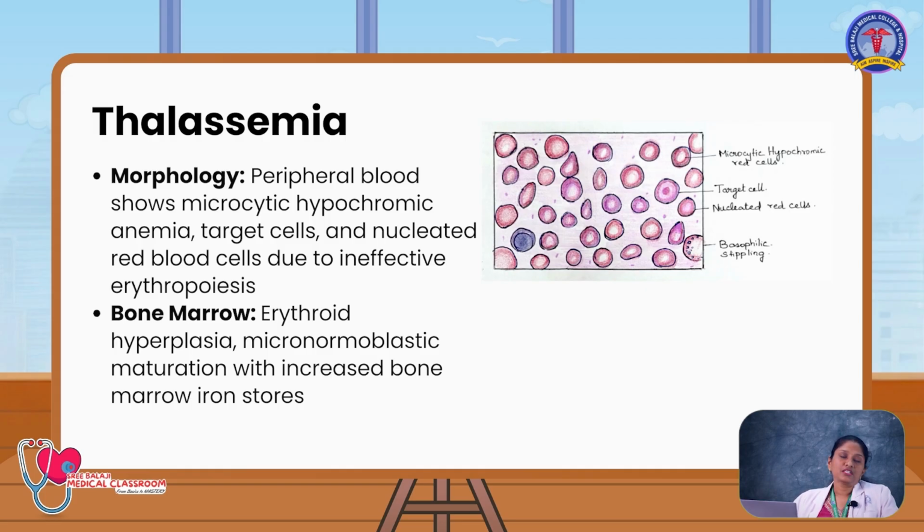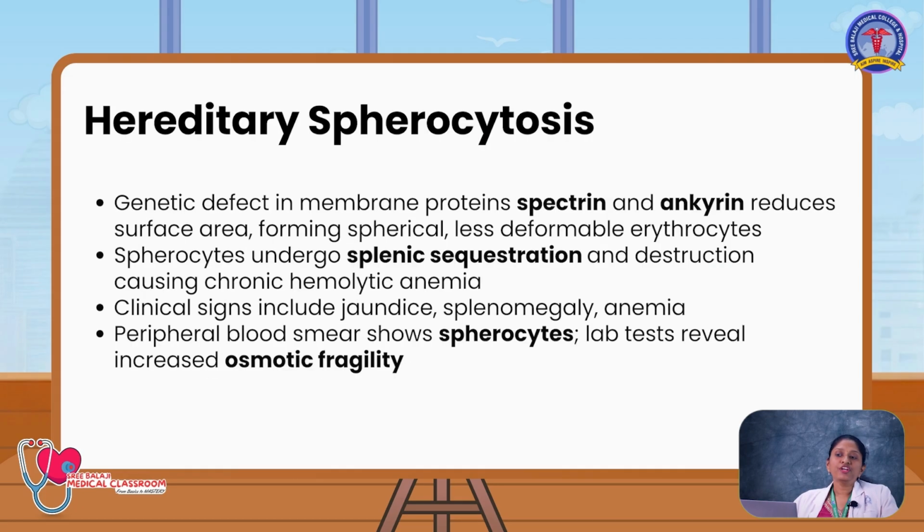This is in contrast to iron deficiency anemia, which will show absent iron stores. So, we can confirm the diagnosis by hemoglobin electrophoresis, which reveals abnormal hemoglobin fractions, and genetic testing for globin gene mutations. Moving on to hereditary spherocytosis.